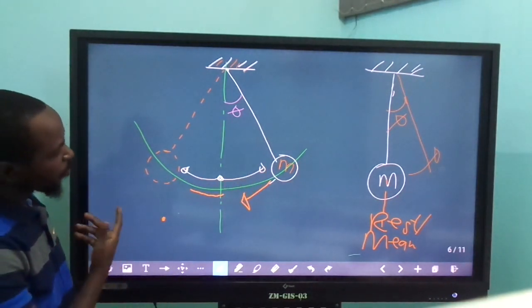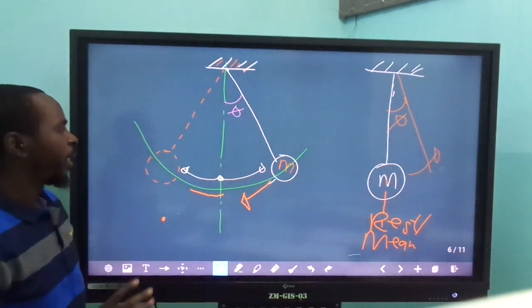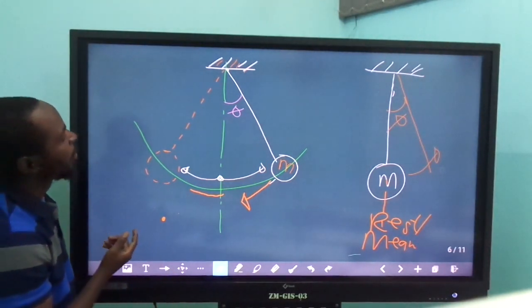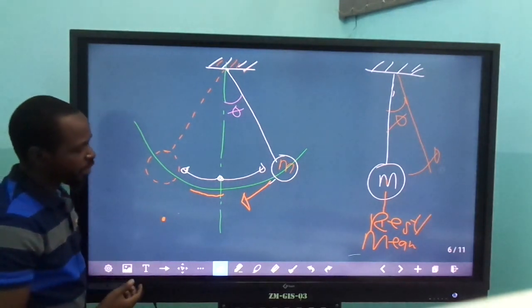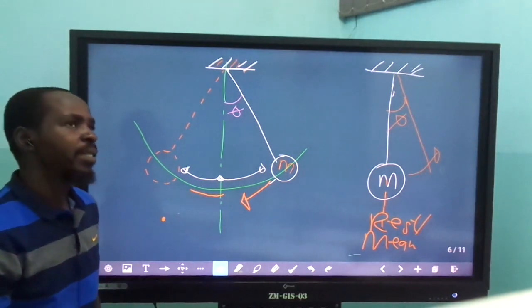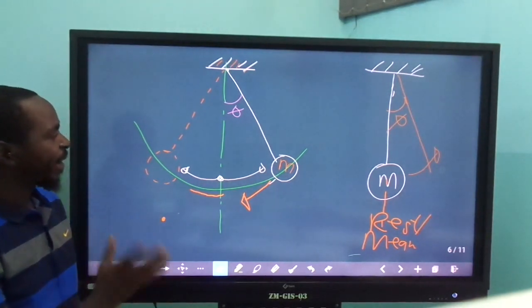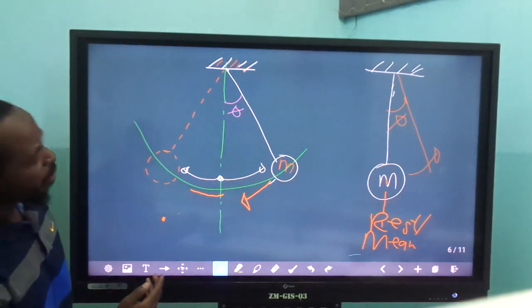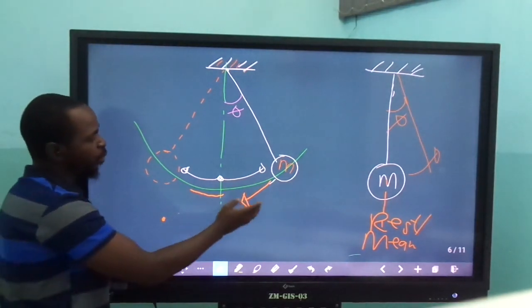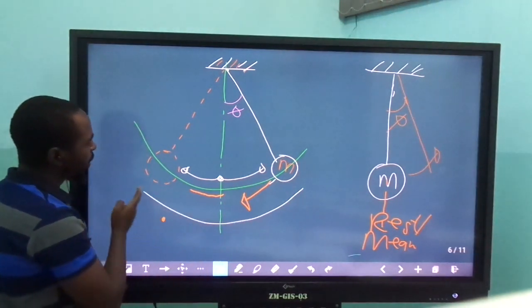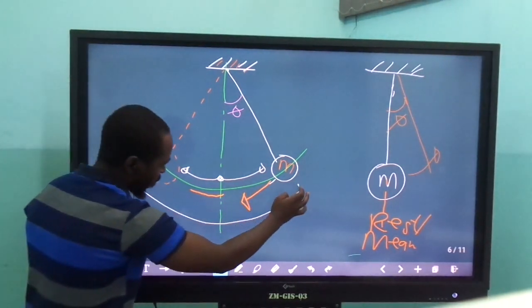Now, we are trying to explain the two conditions that must be satisfied for a periodic motion to be simple harmonic. The first condition stated is the acceleration must always be pointing towards a fixed point along the path. So when looking at this, the path of motion will be this.